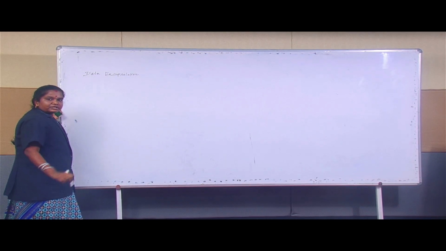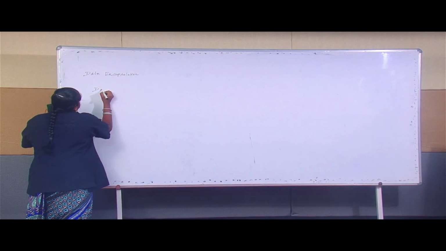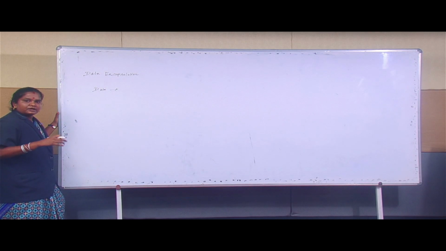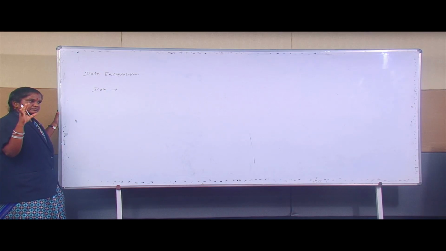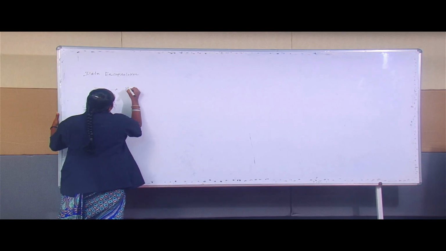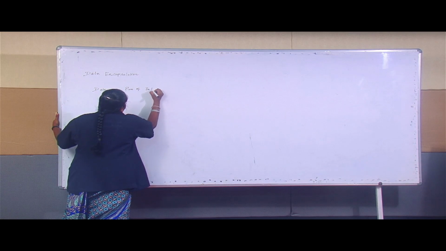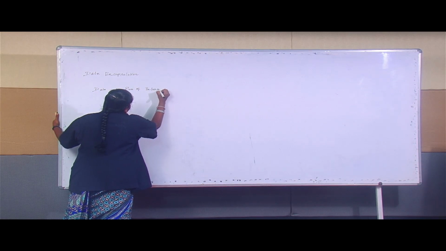First we will see what is data. Data is known as a piece of information, or any kind of small material. So data is a piece of information.